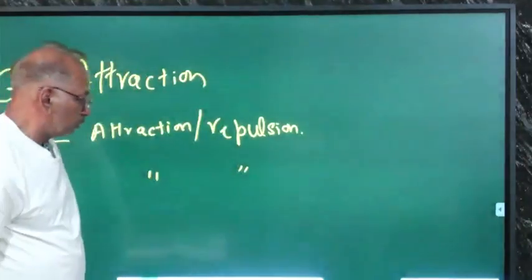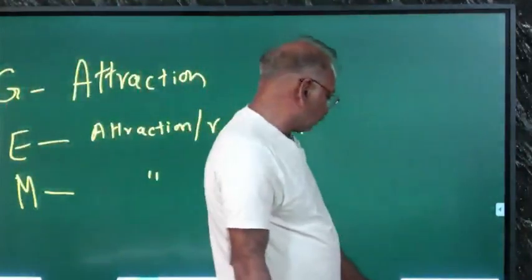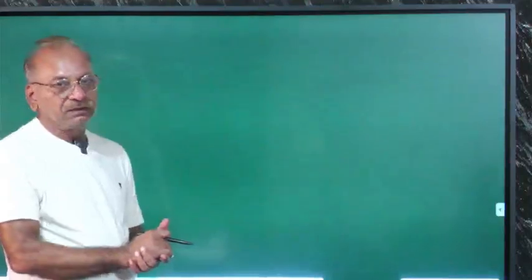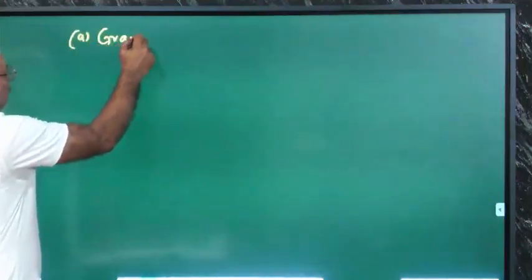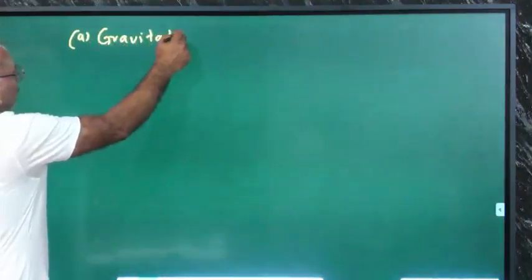So when we talk about force, it is found there are certain categories of forces, and a lot of forces there. They can be put in one category or another category. In general, there are 4 categories of forces. What are these categories? First is gravitational force.